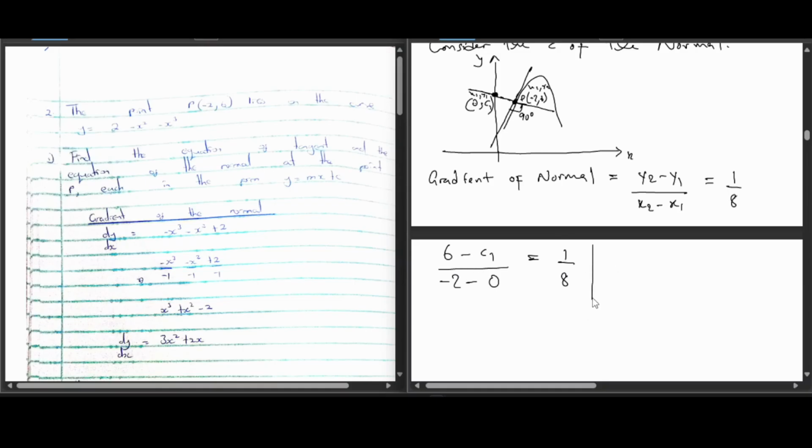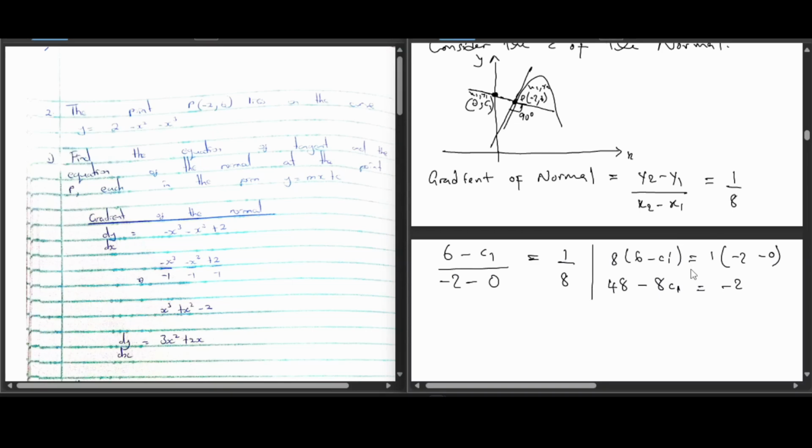We cross multiply, so 8 multiplying 6 minus c1 is equal to 1 multiplying minus 2 minus 0, which means 8 times 6 is 48. So 48 minus 8c1 is equal to minus 2 minus 0, which is minus 2. Minus 2 times 1 is minus 2.